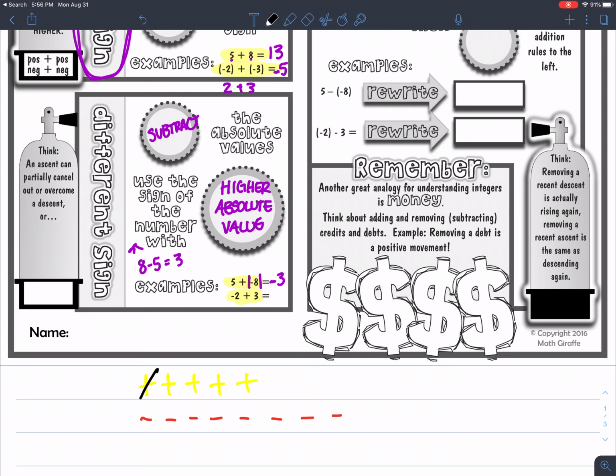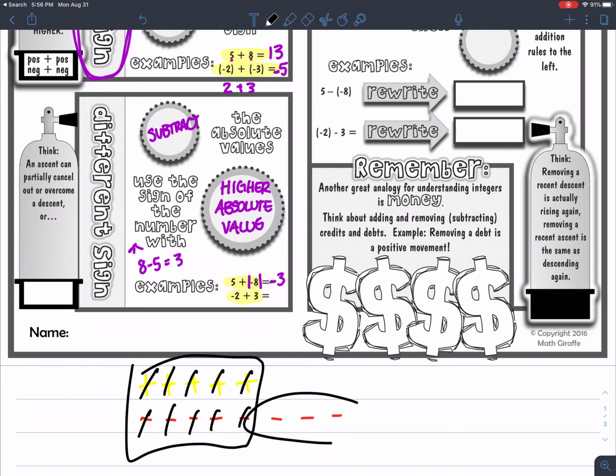So we're basically getting rid of the zero pairs. So we're getting rid of what we have in common, basically subtracting them. And then we're keeping whatever we have more of. So in this case, we have more negatives than positives because negative 8, there are more negatives.